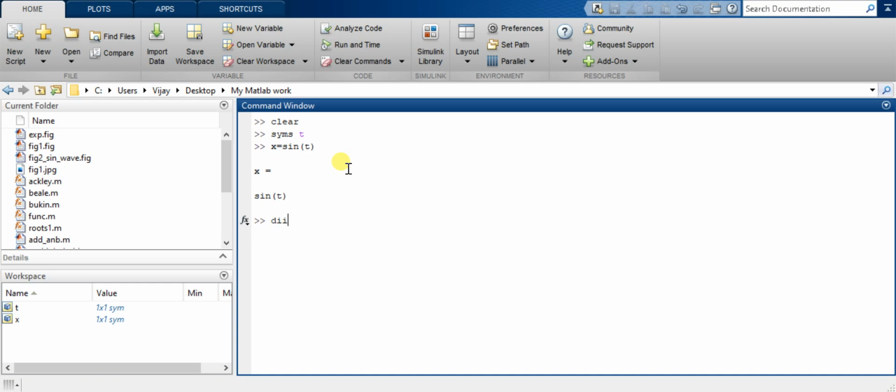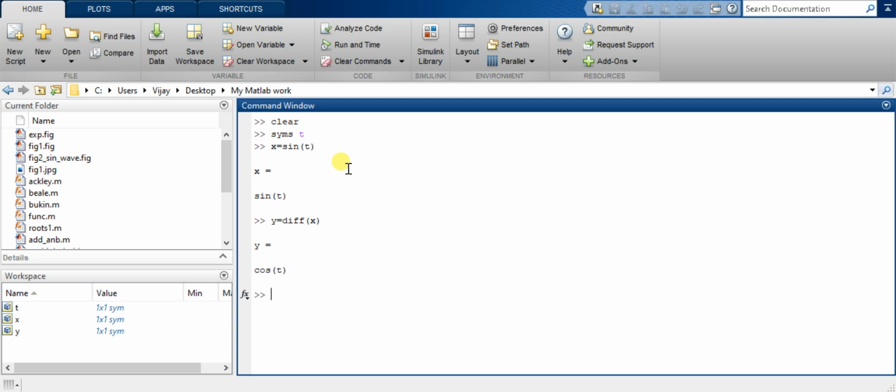Now if we want to differentiate this sine t and store the result in y equal to diff of x, when you execute this, this will give you cos of t. You can simply see that when we differentiate sine t, this will give you cos t.